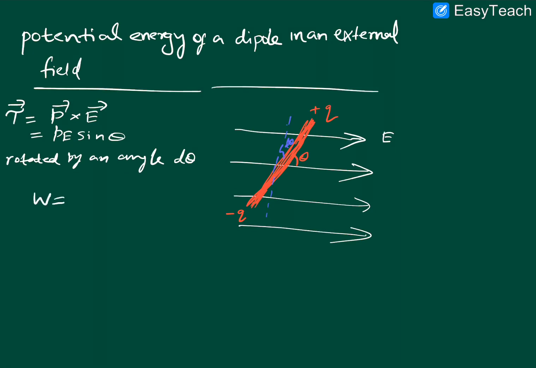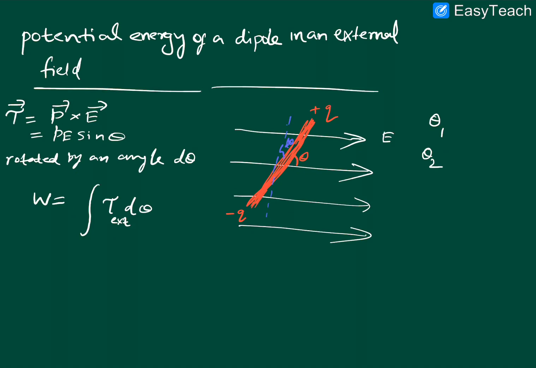W is equal to the integral of tau d theta, where tau is the external torque. Let us consider that initially the angle is theta 1, and after rotating, now your dipole is at an angle theta 2.